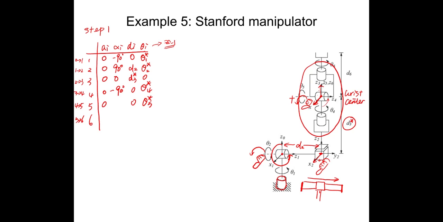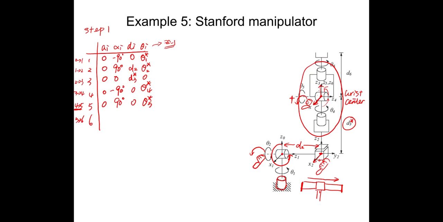And my alpha_i, again, I'm using the same axis, so that means this rotation is positive. Now, because they have the same axes, I'm considering the rotation from Z4 to Z5, and here I have my Z4 and Z5, and it goes this direction. So that is positive 90.